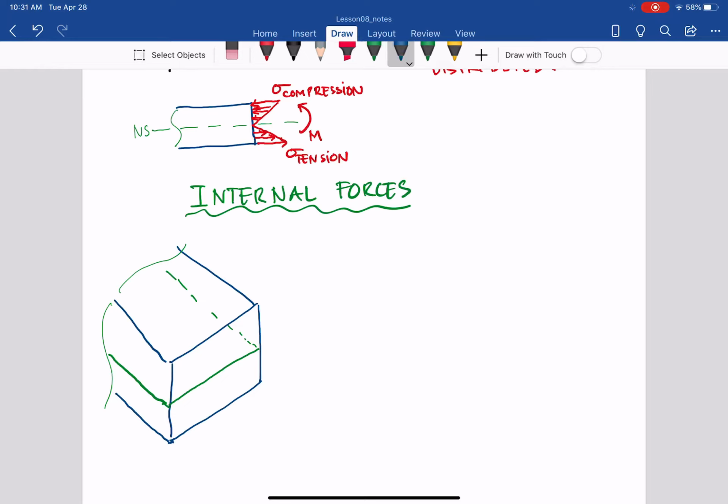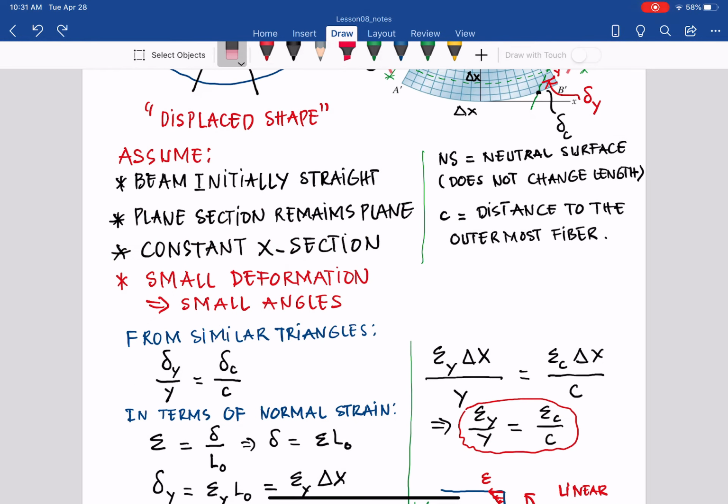And of course, it will be hidden for that member here if we draw it in 3D. So what do we have with that moment here? If I put it in 3D, the bottom will be in tension, so we have the maximum at the outermost fiber, and it will be 0 at the neutral surface.